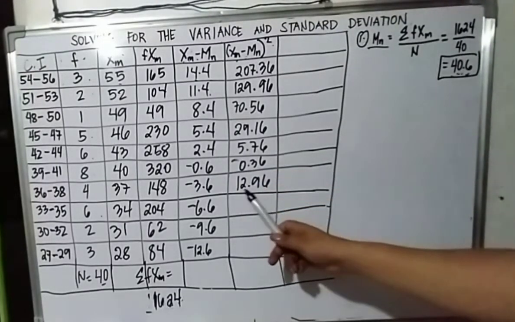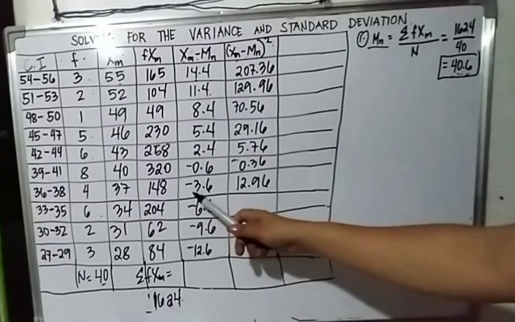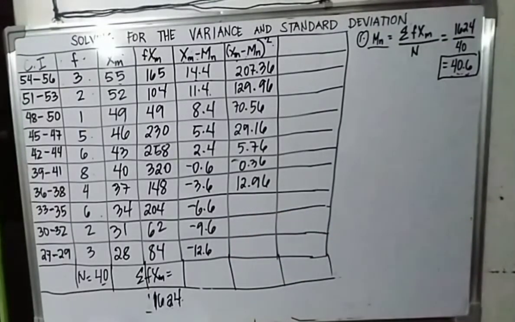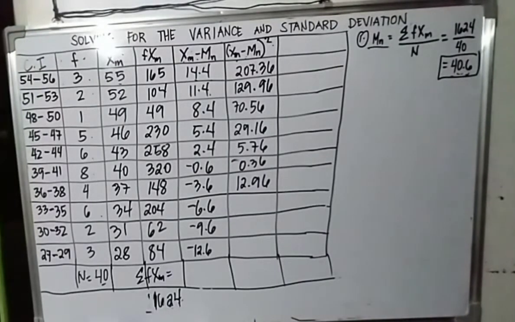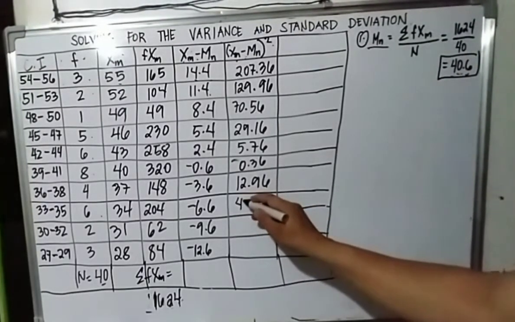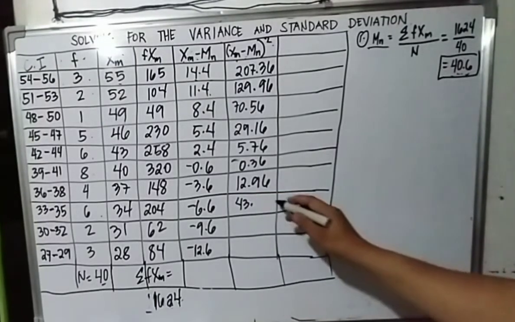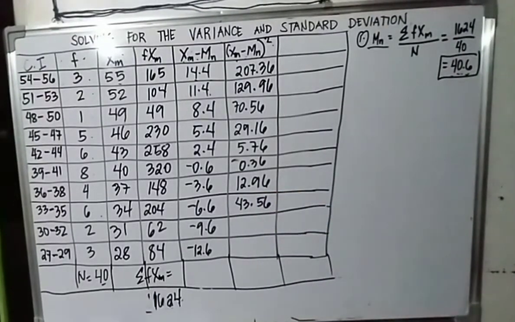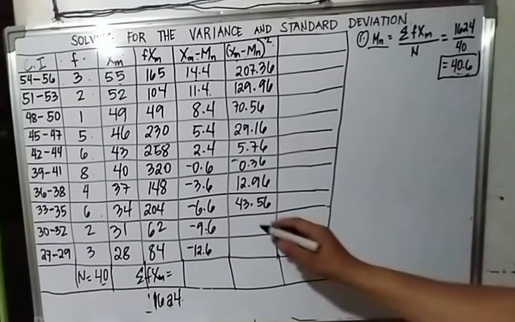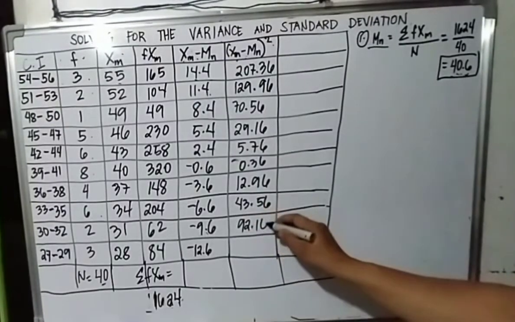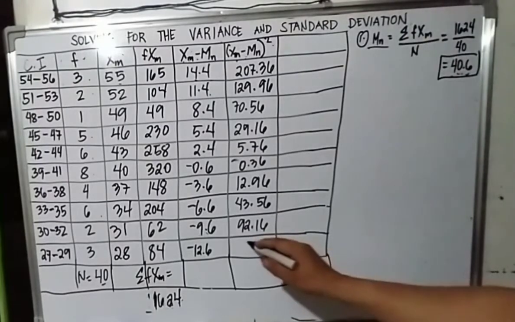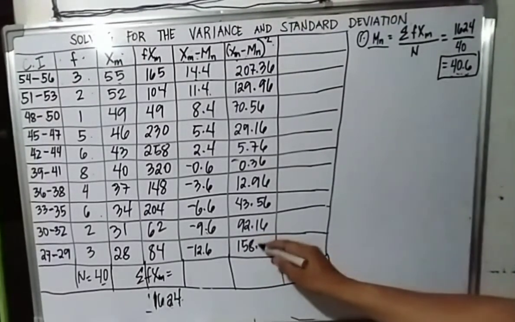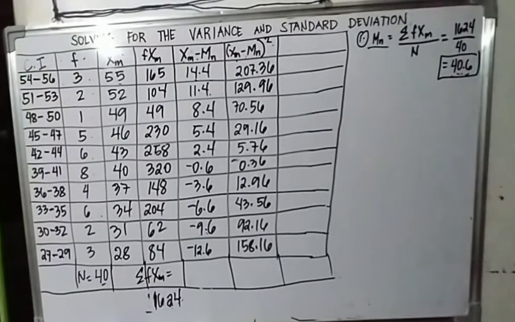So nagiging positive kasi when you multiply negative times negative, the result is positive. Next, negative 6.6 times negative 6.6, that is 43.56. The negative 9.6 times negative 9.6, the result is 92.16. The negative 12.6 times negative 12.6, that is 158.76.